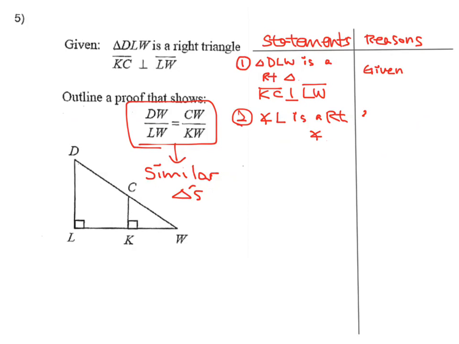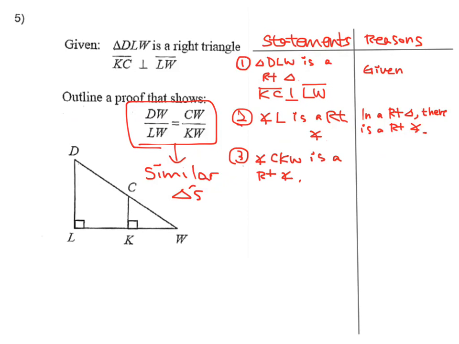The reasoning can be anywhere. I'm just going to write down the most general one, which is in a right triangle, there is a right angle. Now, I can even write that down as shown from the figure or things of that sort. That's also perfectly fine. Now, number three, remember how we had our perpendicular lines? That means we will see that measure of angle CKW is a right angle.